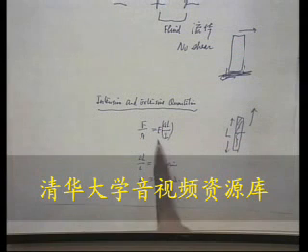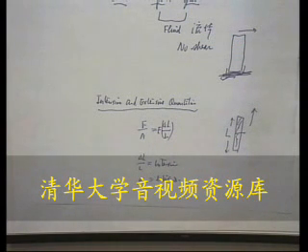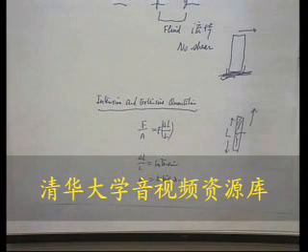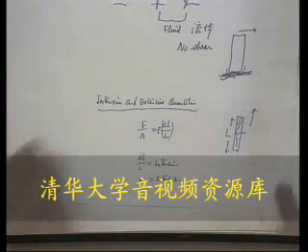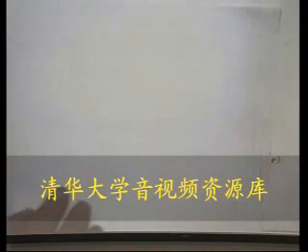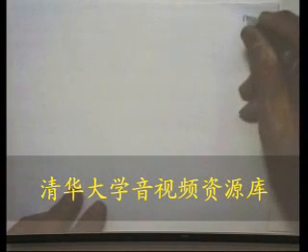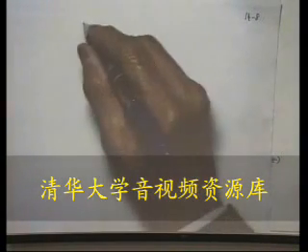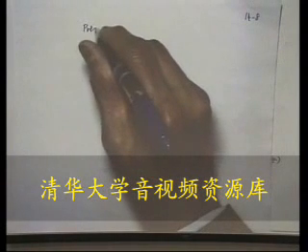Delta L is extensive. So this E has to be also extensive. And you don't want an extensive quantity. So this difference between intensive and extensive is a very important one.